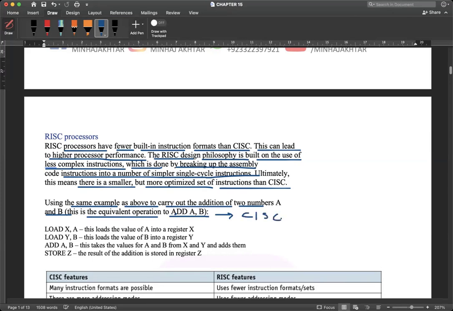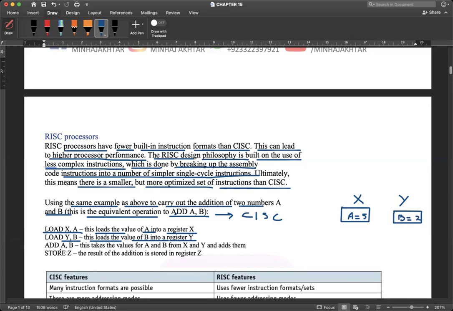Now you see here, LOAD X, A. This loads the value of A into the register X. So look, it is making a register as a variable, X, and it is going to store the value of A. So if the A value is 5, it is stored in X. Now LOAD Y, B. This loads the value of B into the register Y. Now you have the next register Y, in which you are going to store the value of B. Let's suppose the value of B is 2.